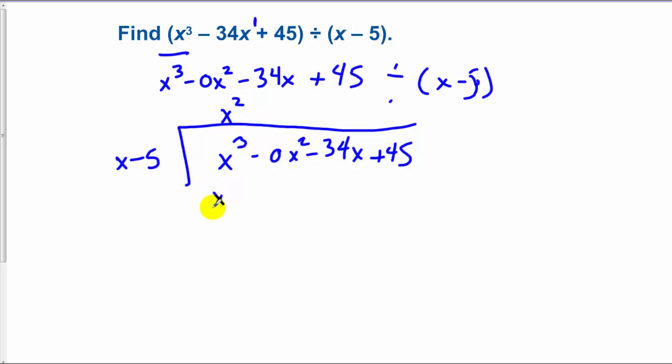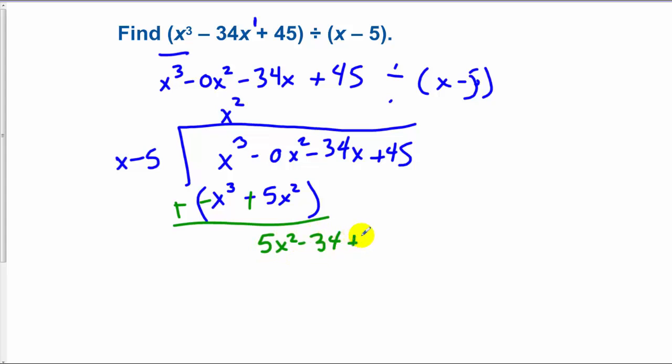Distribute, get x cubed minus 5x squared. Notice the importance of the placeholder because now we're going to need to take and subtract. Again, distribute the negative through and add. X cubes fall off. I have 5x squared minus 34x plus 45.